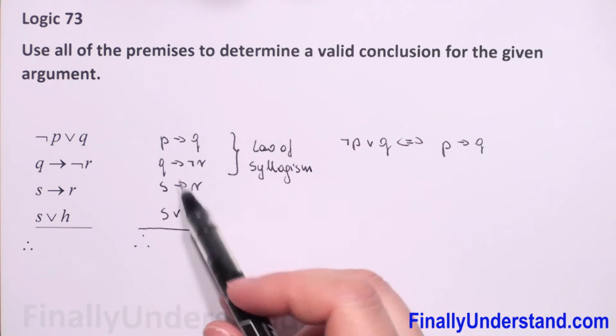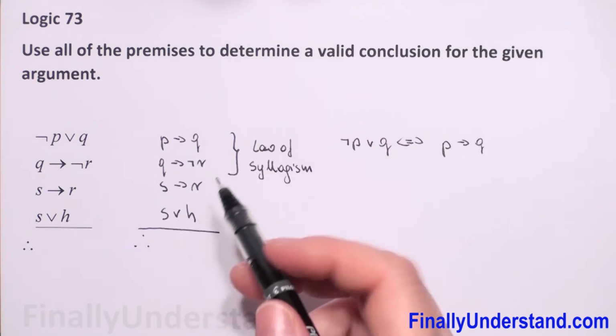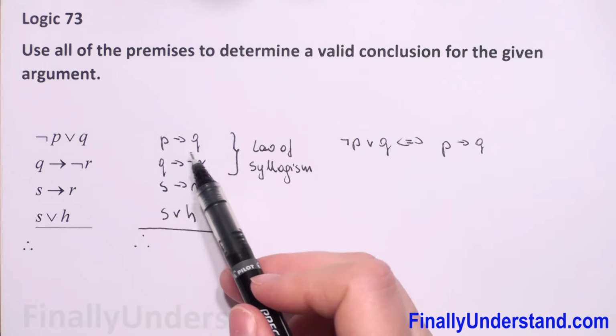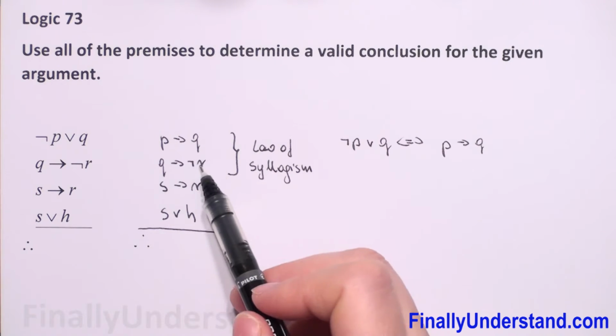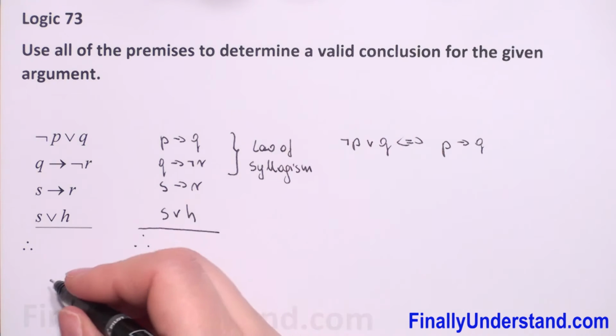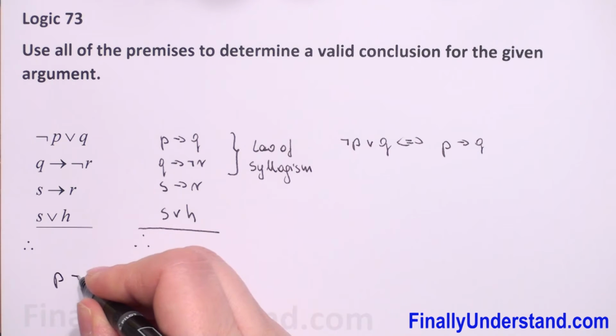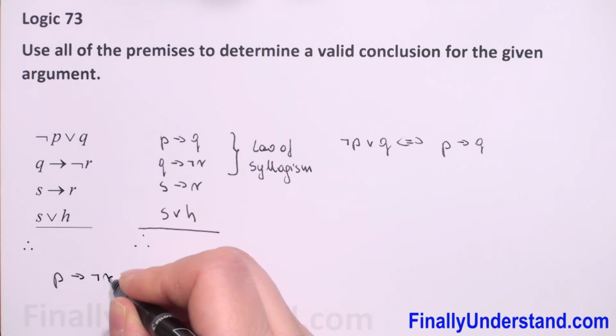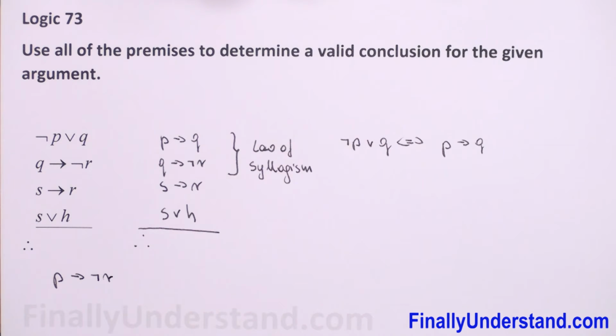And now for the first and second premises, we will have that P implies not R, and third and fourth premise we have to copy.